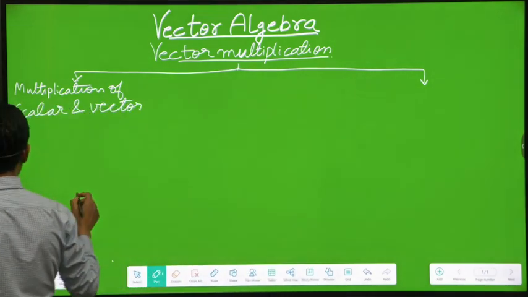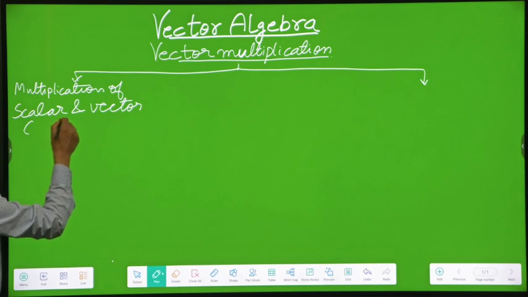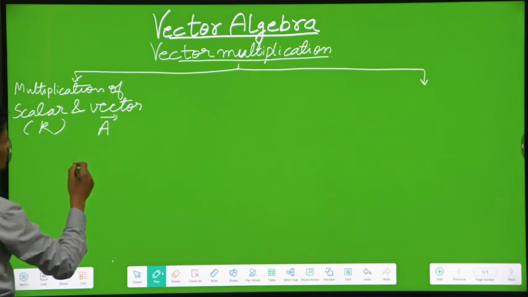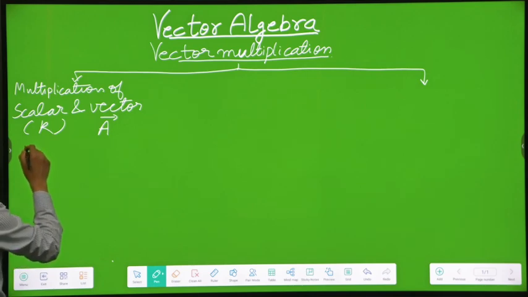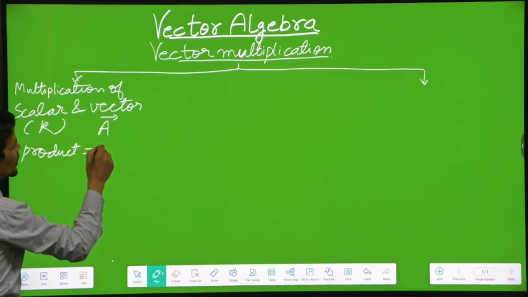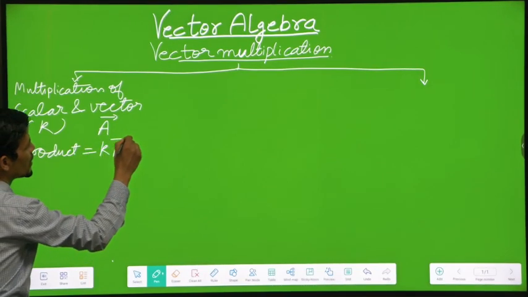So let us suppose we have a scalar k and a vector a. Then their product will be straightforward, k times a.